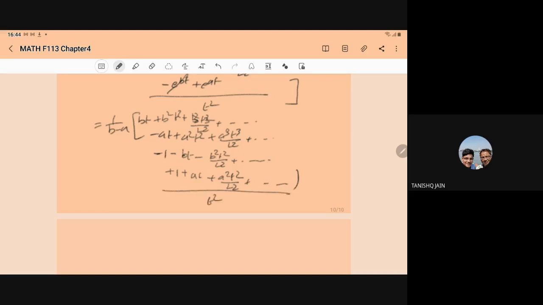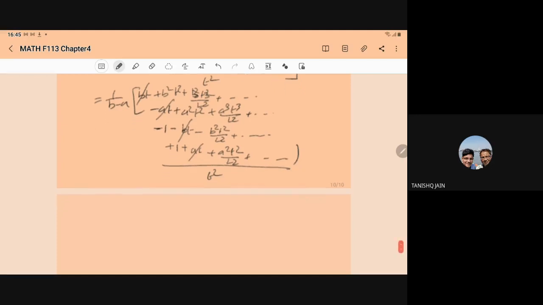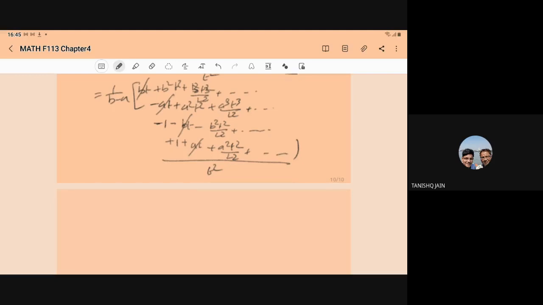So what is the benefit? This bt and this bt cancel out, this at will cancel out, and when you combine, here we have b square t square, and here we have the minus b square t square upon factorial 2 and whole upon t square.